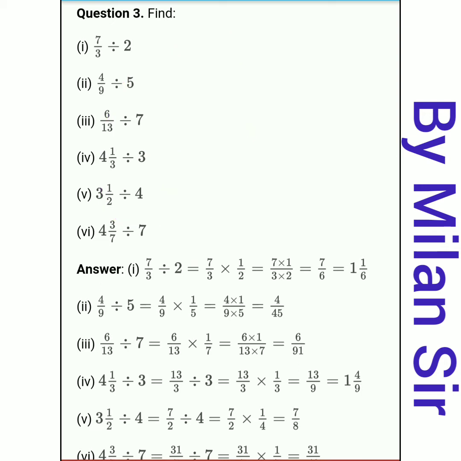Question number 4. 4 integer 1 by 3, divided by 3. First of all we need to convert this mixed fraction into an improper fraction. So two things we are going to do together.